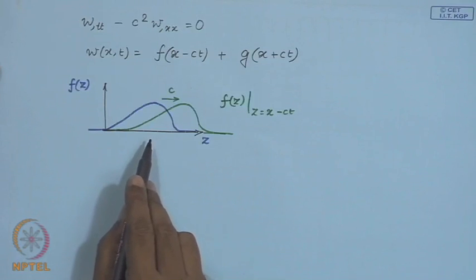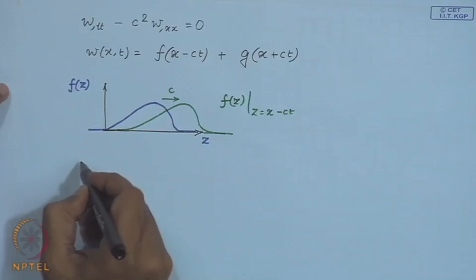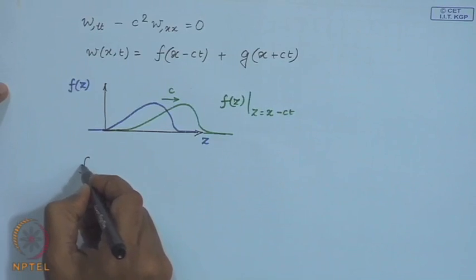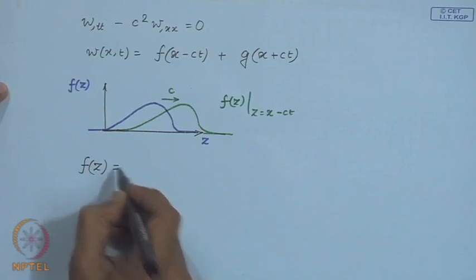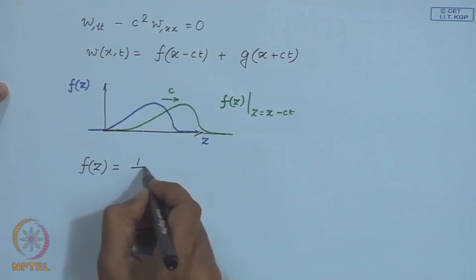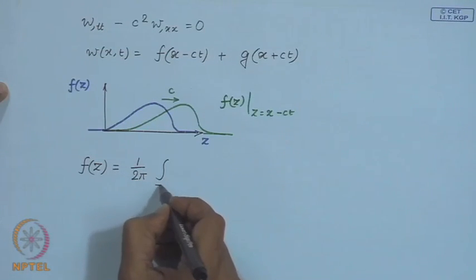Now, we know from the theory of Fourier transforms that a pulse of this form may be represented in terms of the Fourier integral.